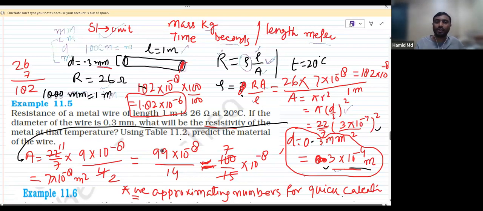Now what we are left with is a number really hard to calculate. So I approximated 99 as 100 and 14 as 15. If we divide 100 by 15, 15 sevens are 105, right? So again I approximated it with 7. So it is somehow approximated as 7 into 10 to the power minus 8. Jaslyn, are you getting it?